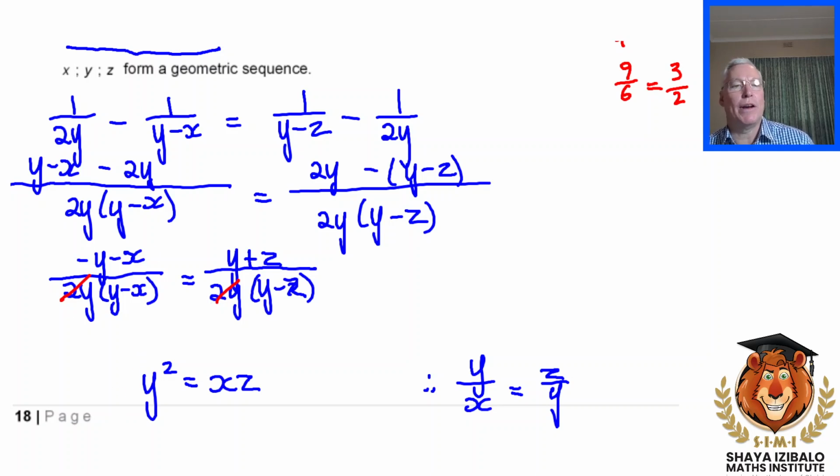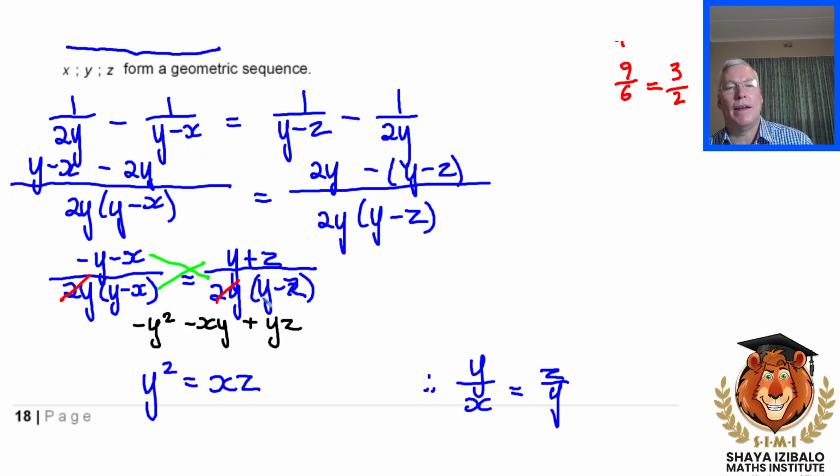Now we've got these two fractions equal, and remember that if we multiply the top by the bottom and the bottom by the top, what we're going to get here is a negative y squared. I'm going from the top left to the bottom right, negative y squared. We're going to get a negative xy. We're going to get a positive yz.